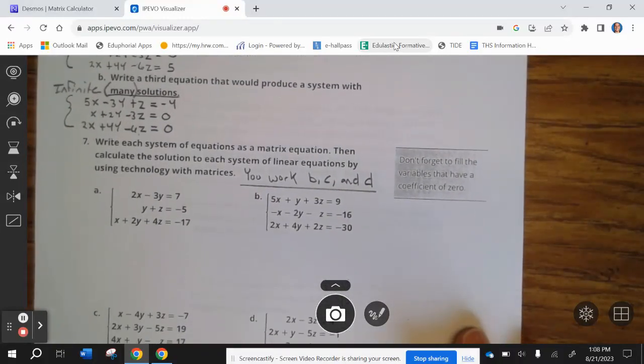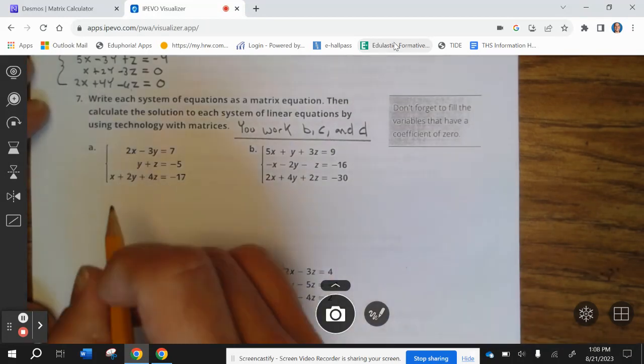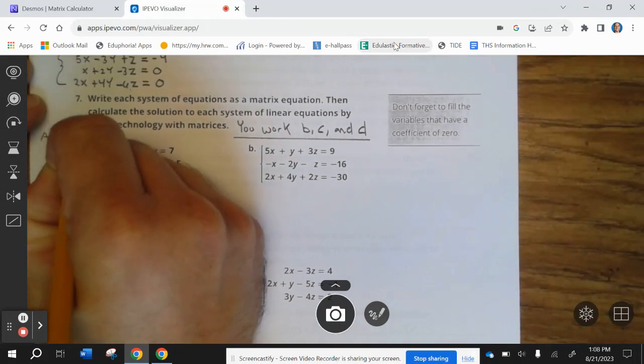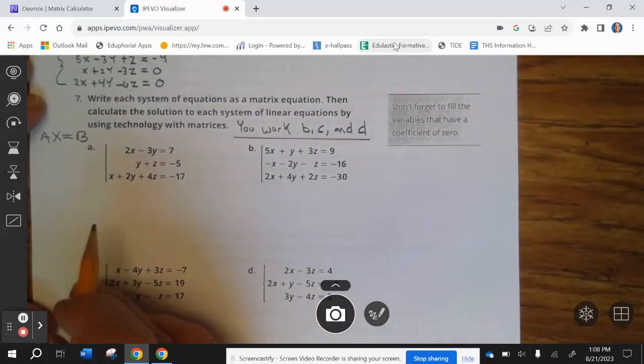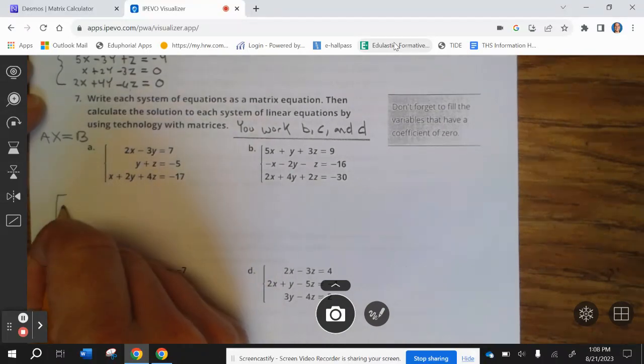All right, let's take a look at number 7. Write each system of equations as a matrix equation, then calculate the solution to each system of linear equations by using technology. So first, we need to write this in the form of AX equals B. So this is 2.